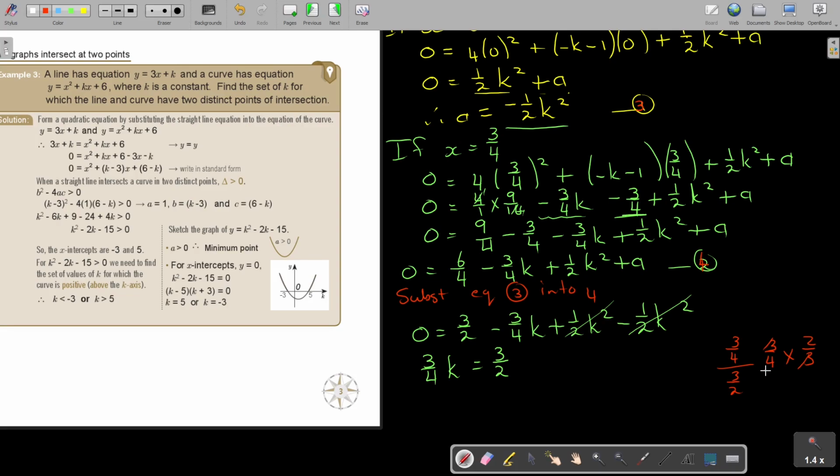So my value of k, just quickly want to check something. Okay. But my value of k, therefore, my value of k will be equal to 2. I just want to see why it's not working out there. Oh, I see why. I want to show you quickly.